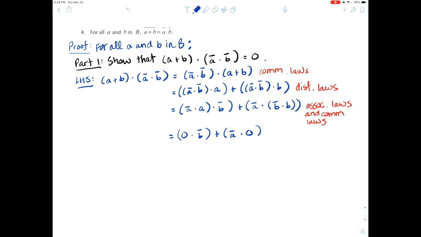And then we will have what? Beautiful. 0 or 0, which is 0.